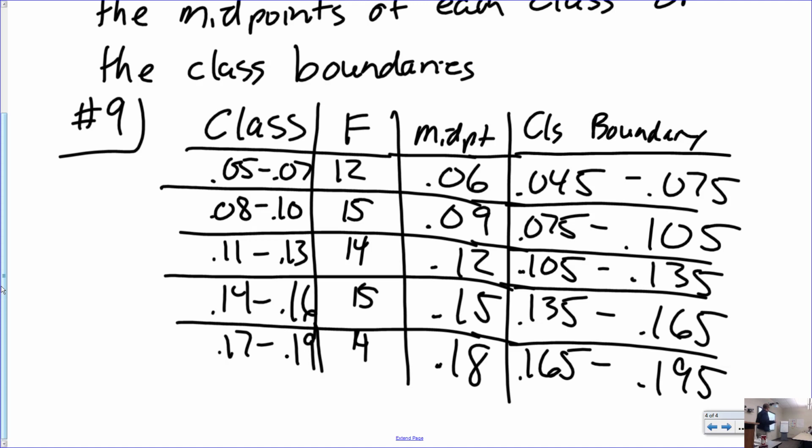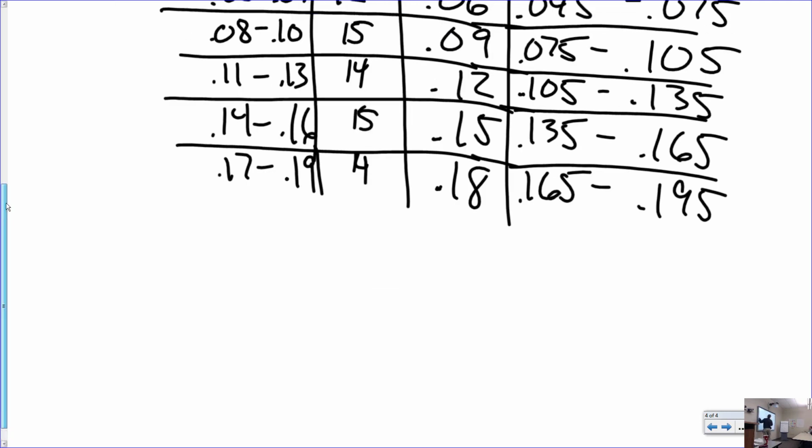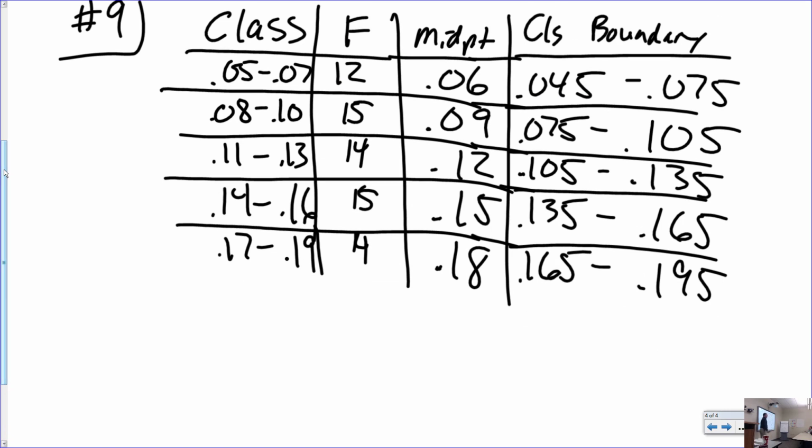Use the pattern to your advantage, right? So now, again, which one do you use? The midpoint one or the class boundary one? That one I don't know, folks. Use whichever one you like better.